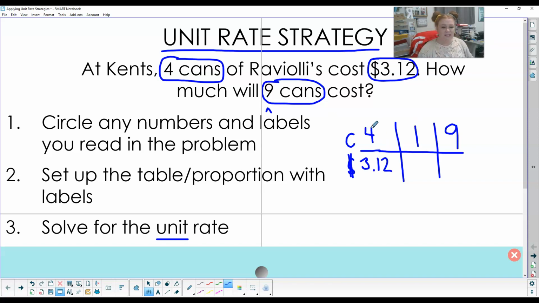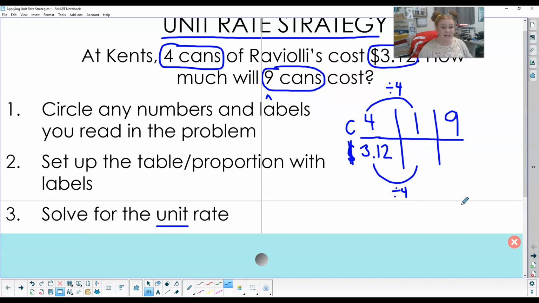So to do this, I'm asking myself, how do I get from 4 to 1? Well, I need to get smaller. I need to divide by 4. And what I do to the top, I have to do to the bottom. So I'm going to take $3.12 and divide it by 4. So go ahead and do that with me. So we need something above the 3.